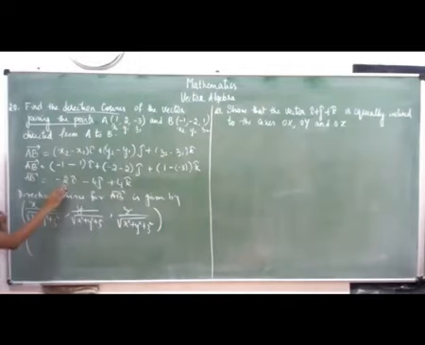So x, what is the value of x here? It is minus 2. Y, which is minus 4. Z, which is plus 4.